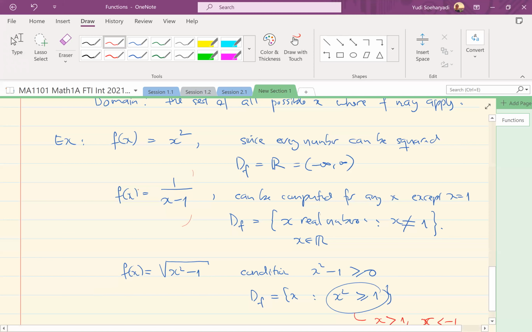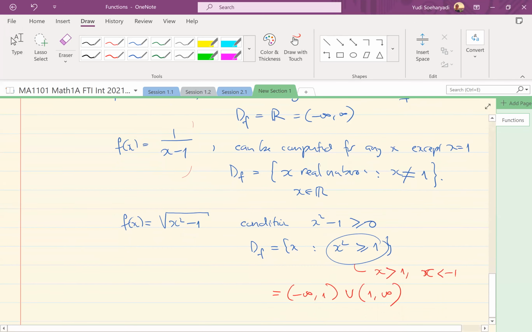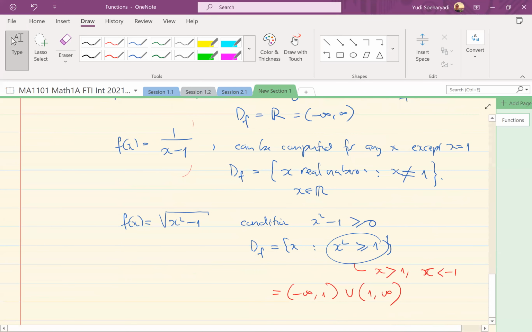Okay, so we have to exclude the zeros of the denominator, right? And if you work with a square root, make sure that what's under the square root sign is non-negative.